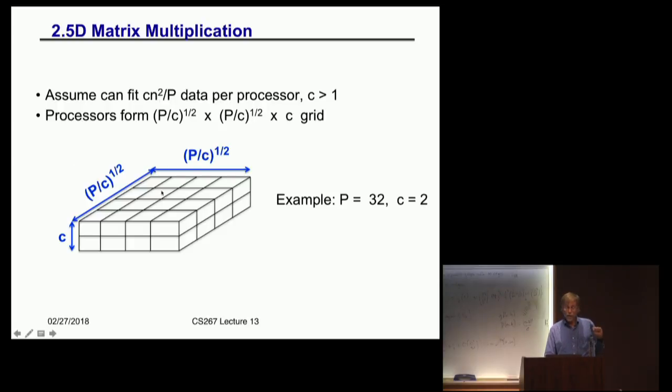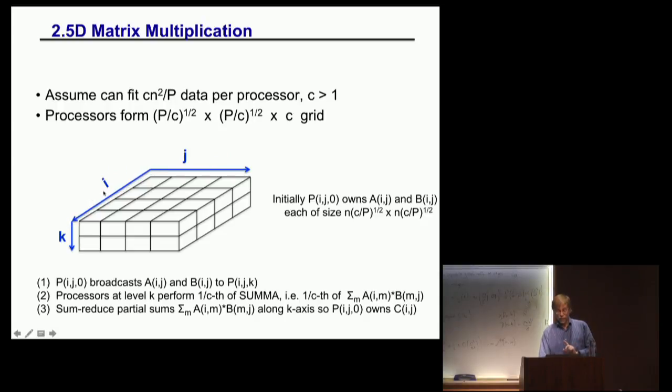I'm going to take my processors and lay them out in this kind of 2.5-dimensional grid. There are going to be C layers. Each layer will get a redundant copy of the data. And each layer will have P over C processors laid out in a square, so root P over C by root P over C. So if I had 32 processors and memory for 2 copies, that's what it would look like.